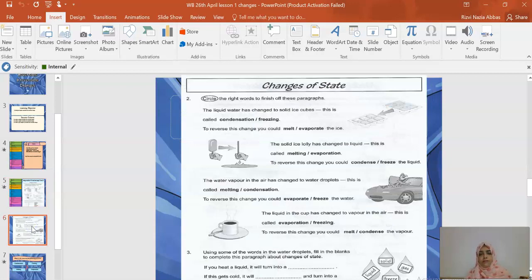Now on page 11, circle the right word to finish these paragraphs. The liquid water has changed to a solid ice cube. This is called, you all know. Then you have to circle the correct one. Now, what is the reverse? The reverse means if I have water, I freeze it. It is called freezing.